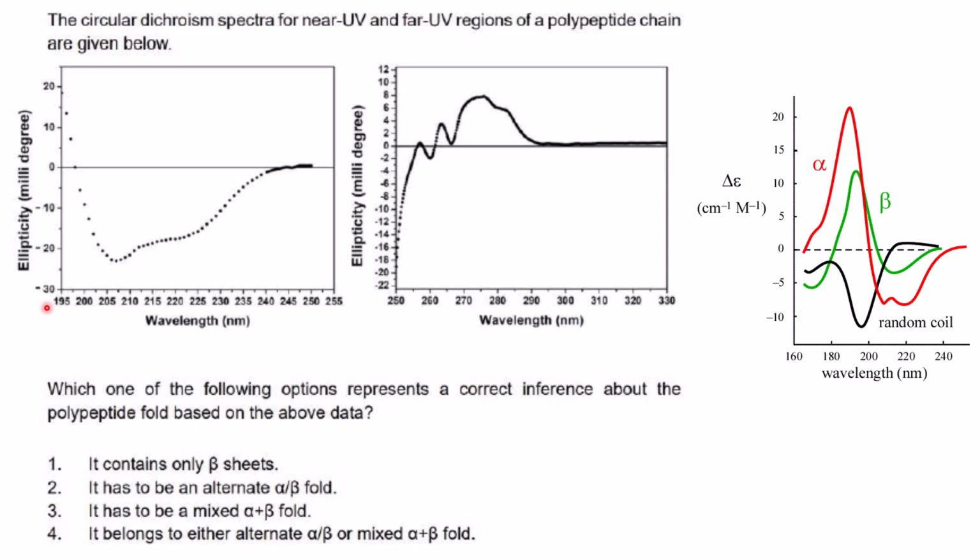I told you it is in the range from 190 to 250, so here also it is coming from that range to 250. So this is the first graph showing the secondary structure of the protein. But this graph, if you see, is starting from 250 and going till 330 nanometers.